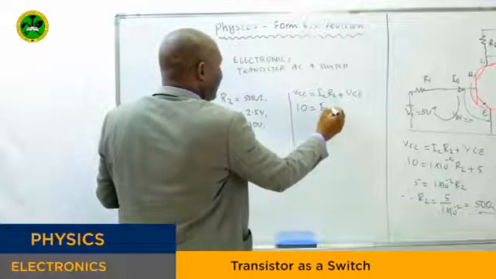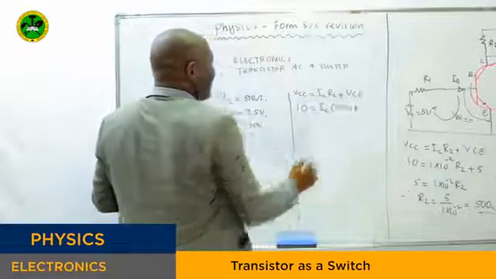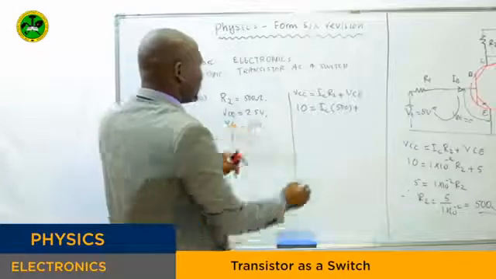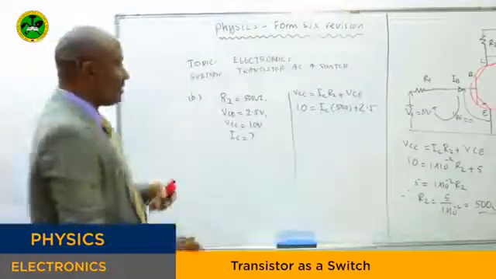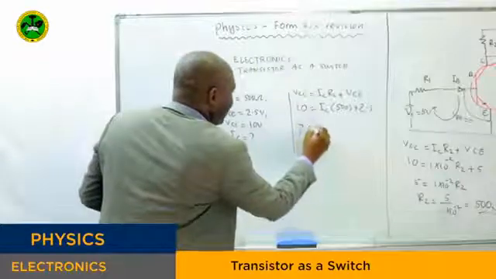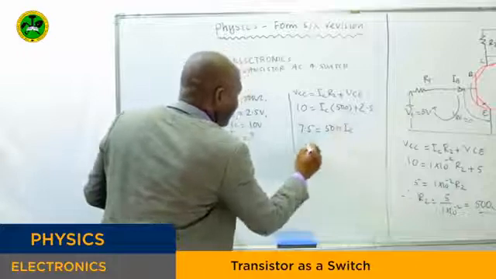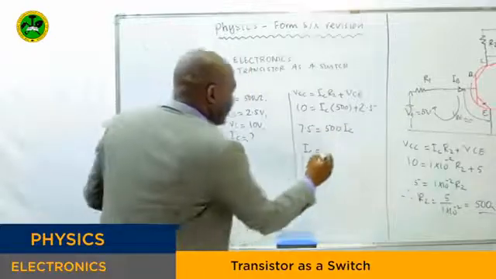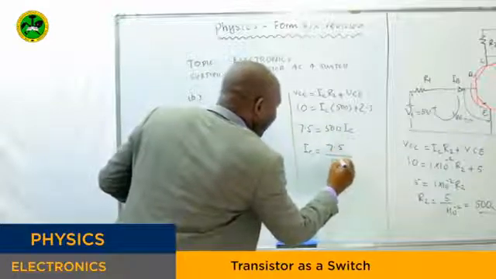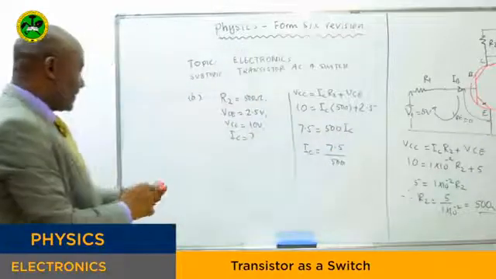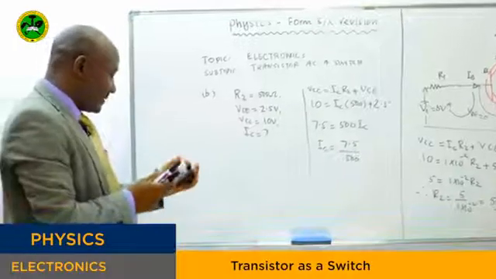IC is not given, but R2 is the same as 500, plus VCE is now adjusted to 2.5. 10 minus 2.5, I think you can know that is 7.5, which equals 500 times the IC. Now, this gives us the collector current after changing the value of R1, which is 7.5 over 500. Using your calculator, you can find the value of IC.